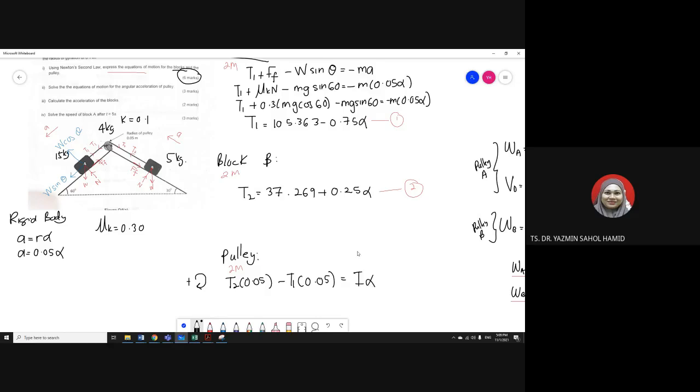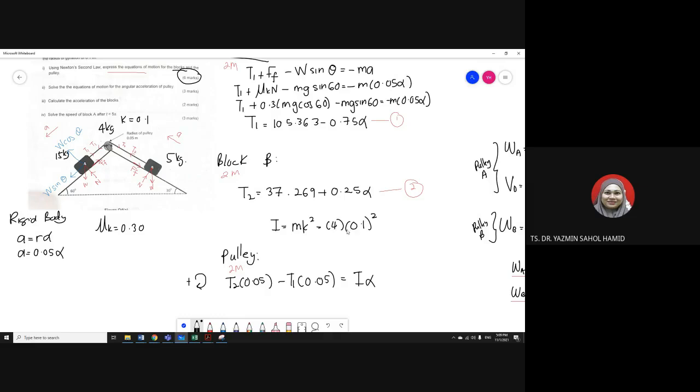Now you have to calculate I. How do you calculate I? For this question, because it gives you the radius of gyration, the I that you need to use is mk squared. What is the mass of the pulley? It's given as 4 kilograms. What is the radius of gyration? It's 0.1 squared.